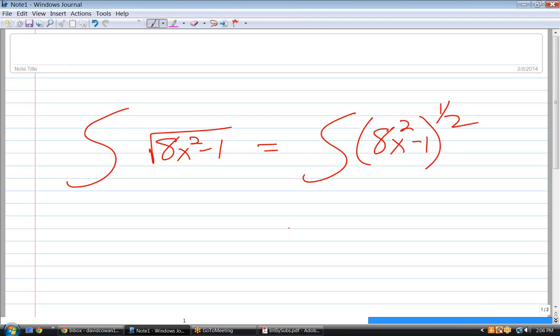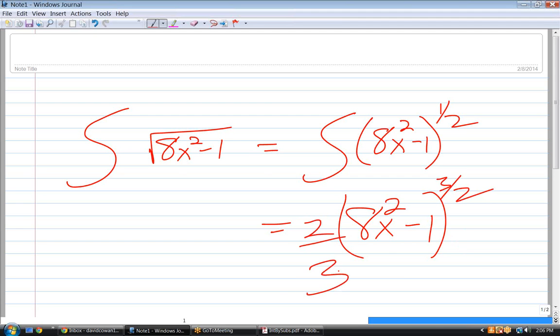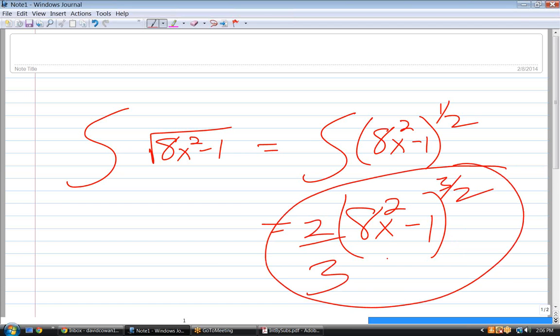You might think that you could apply the power rule and say 8x squared minus 1. I'm going to add 1 to the numerator, divide by the new exponent, and that would be it. But if you took the derivative of this, you would have to apply the chain rule. So not only would you get that, but you would get a 16x also.